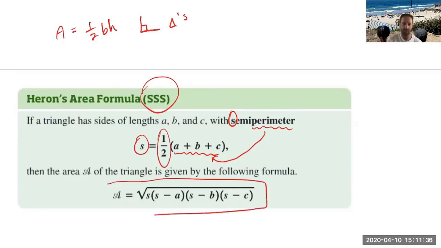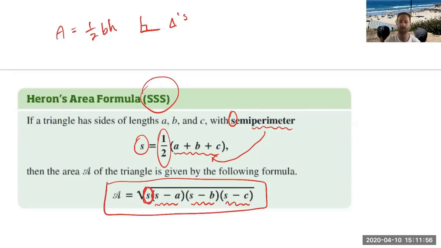You take the semi-perimeter, and then you find the difference of the semi-perimeter with each one of your side lengths, and then multiply all four of those things together, and then take the square root, and that will always give you the area.